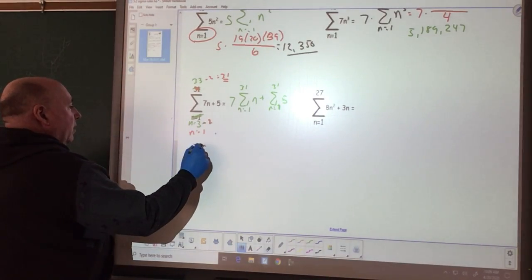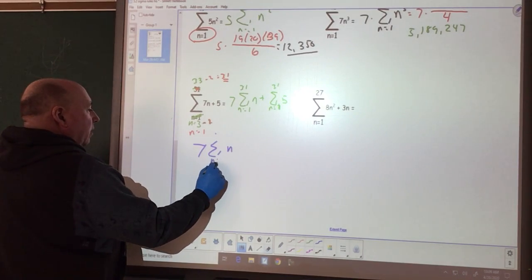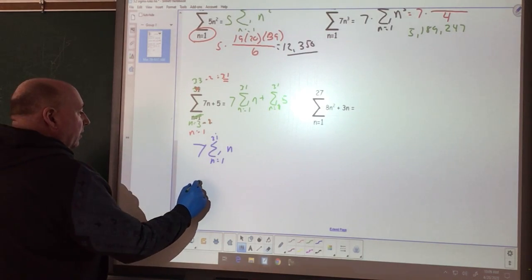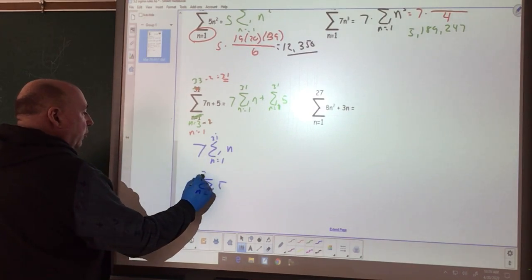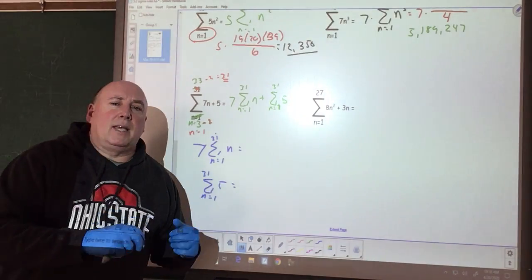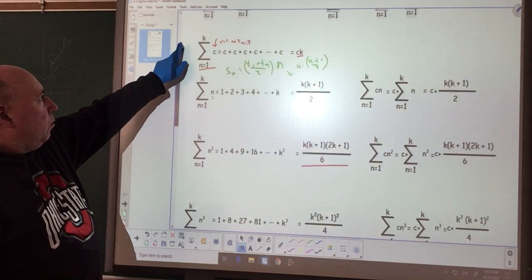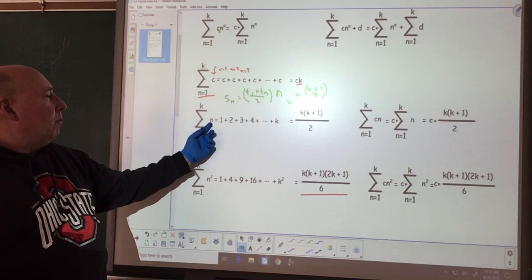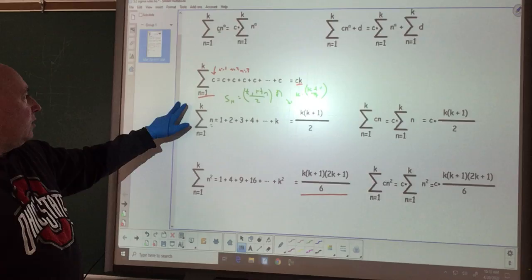We have 7 times the sigma of n from 1 to 31, and then we have the sigma of 5 from n equals 1 to 31. I can do each one separately and then add these together. When I have just a variable, I have k plus 1 divided by 2.